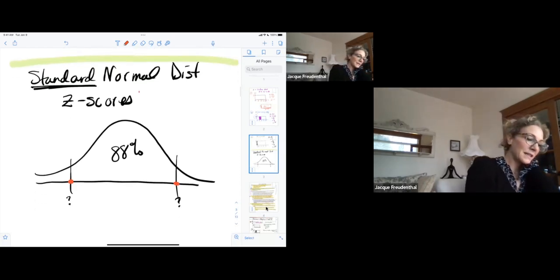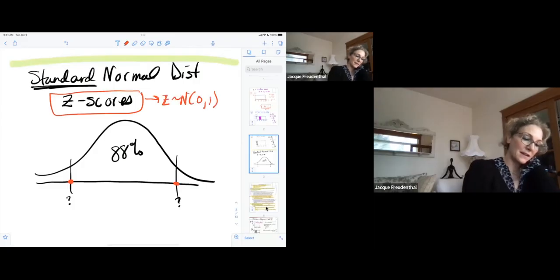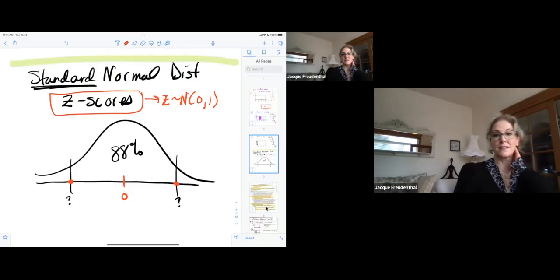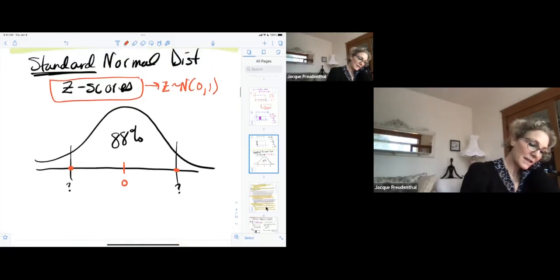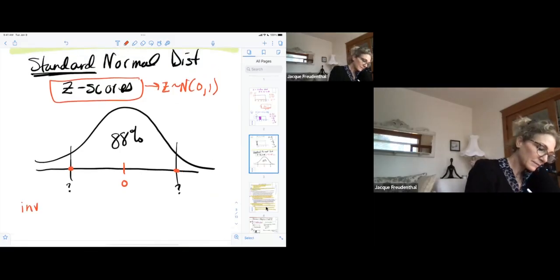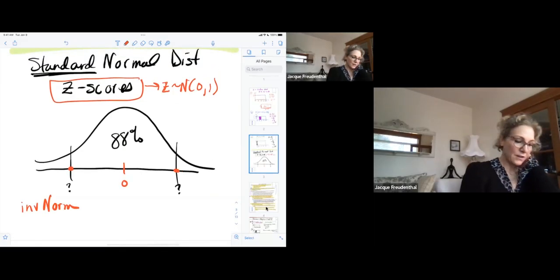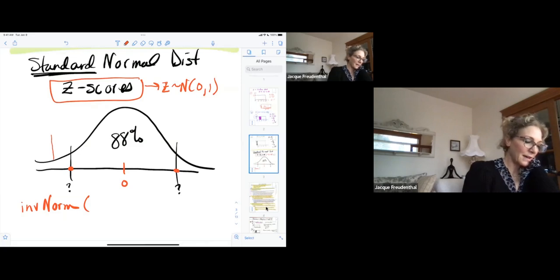We also know if it's a z-score, then we know that the z-score follows a normal distribution with the mean of 0 and a standard deviation of 1. So I know the mean is 0. Okay, so how I find this is I can use my inverse norm on the calculator. And your inverse norm always wants the area to the left. So if I'm looking for the z-score on the left side here, I need to put in the area to the left of that.